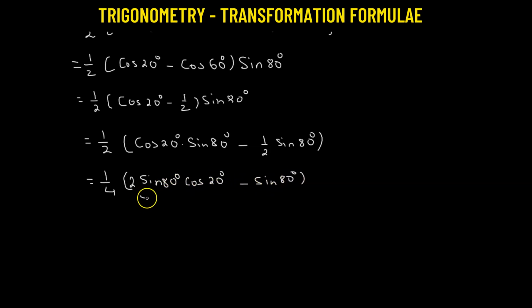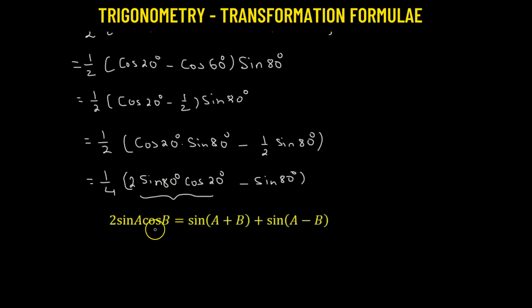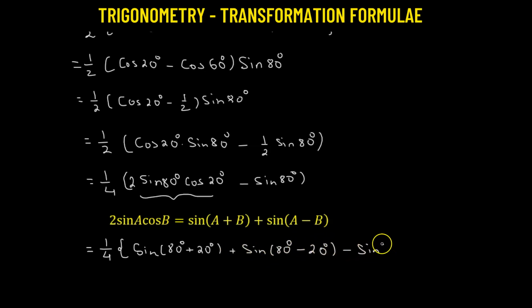Now clearly we have here the product of a sine function and a cosine function. What we can do here is apply another transformation formula. If we have 2 times sine A times cosine B, this transforms into a sum of two sine functions. So this is going to give us 1/4 multiplied to sine of 80 degree plus 20 degree plus sine of 80 degrees minus 20 degrees, minus sine 80 degrees.